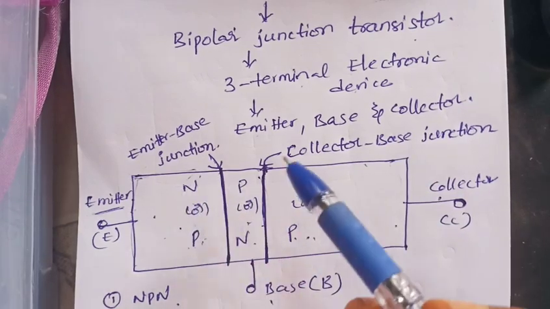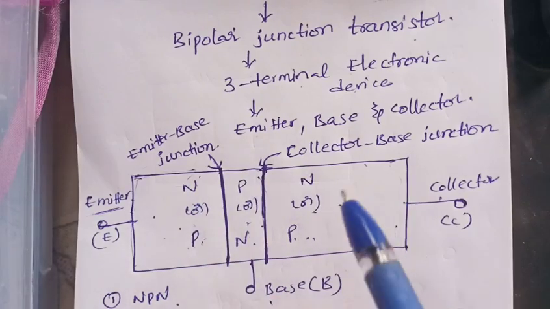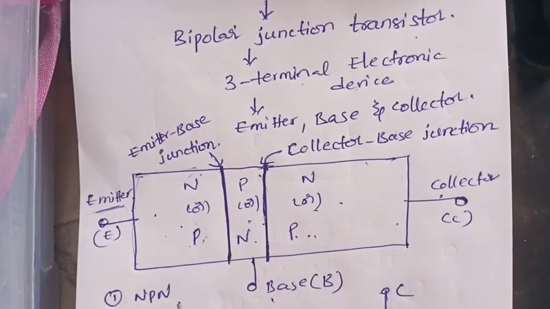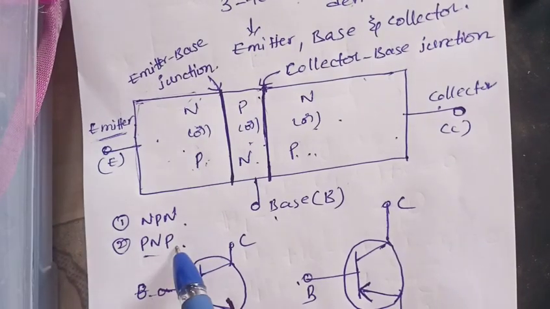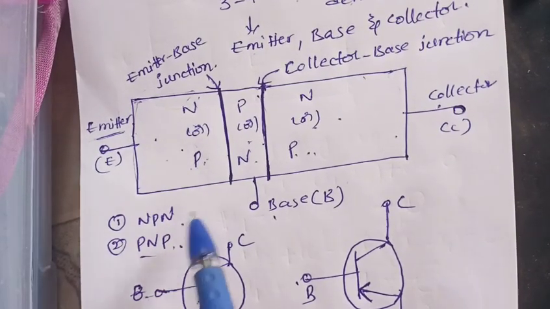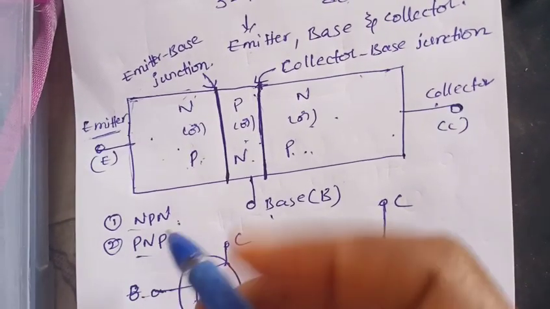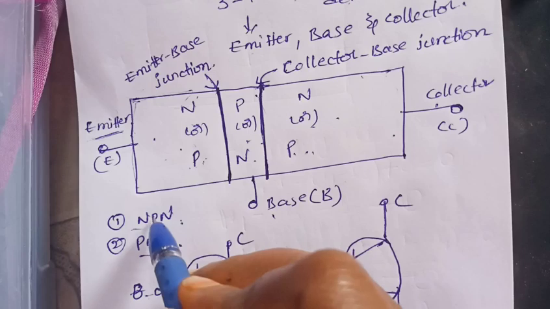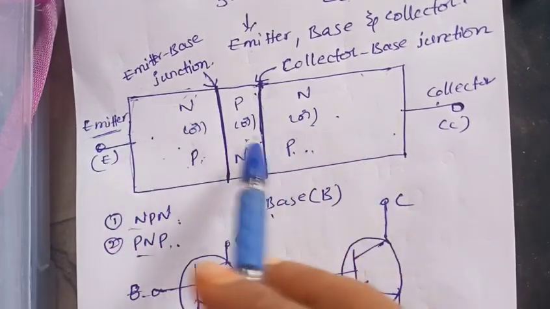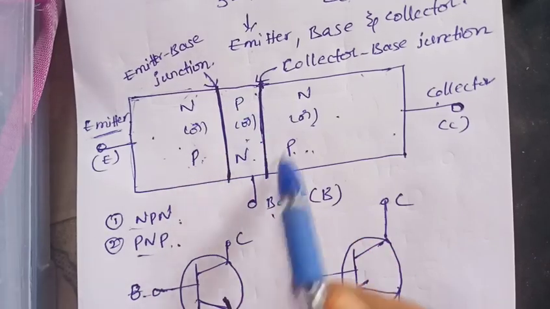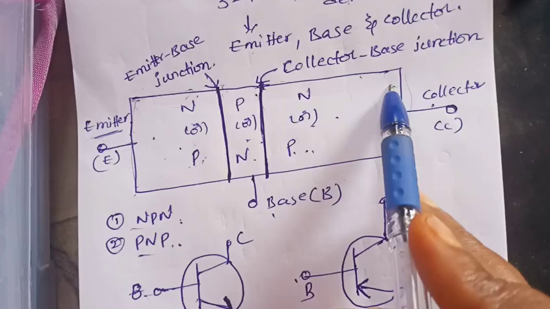Based on the doping and construction of the transistor, it is divided into two types: one is the NPN transistor and the second one is the PNP transistor. In the NPN transistor, the p-type semiconducting material is sandwiched between two n-type semiconducting materials, like this diagram.